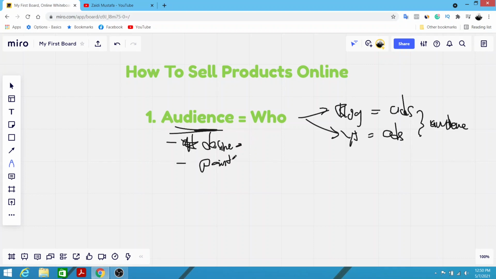These are all the criteria in order to find your audience, because for example, your audience might be someone looking to make money online, make more money, or make money with investing.